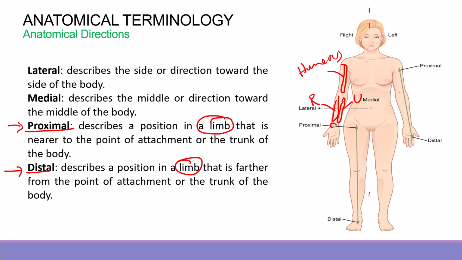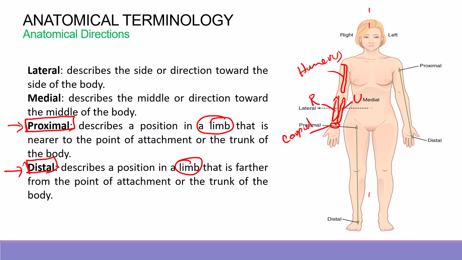We have a lot of bones here called the carpal bones. What you need to know is that instead of saying the humerus is superior to the ulna or the humerus is superior to the radius, when we refer to structures in the extremities, we are going to use the terms proximal or distal.